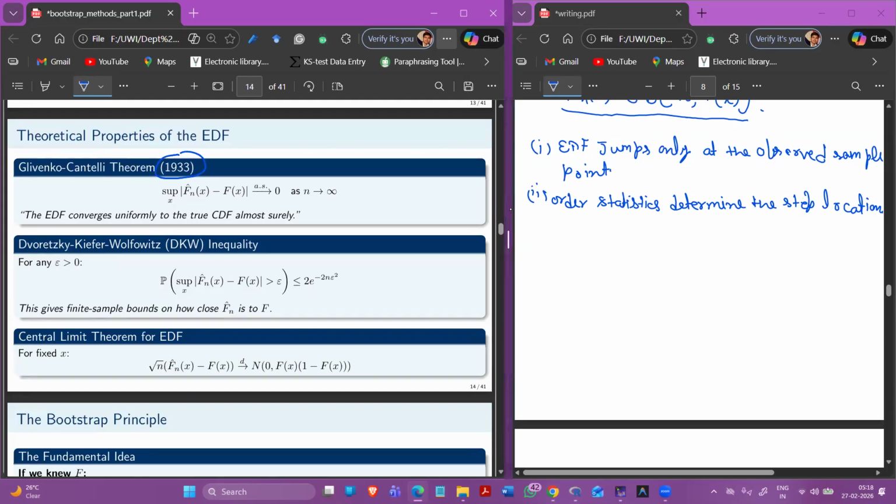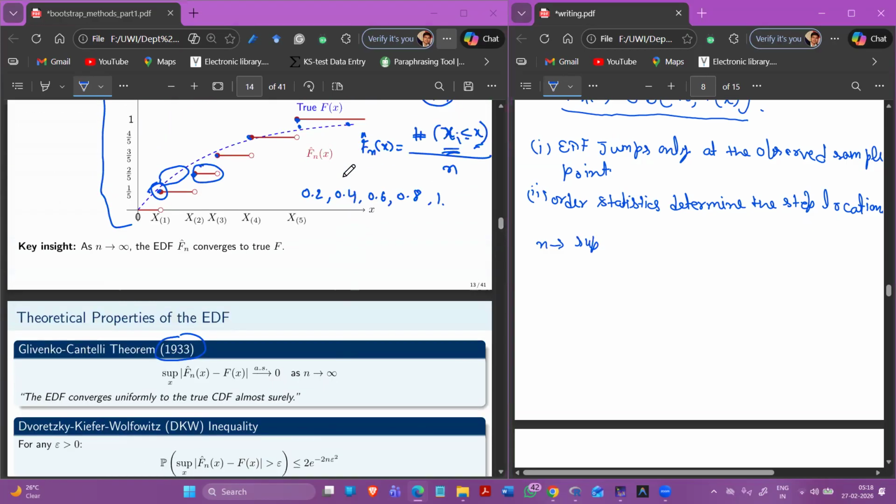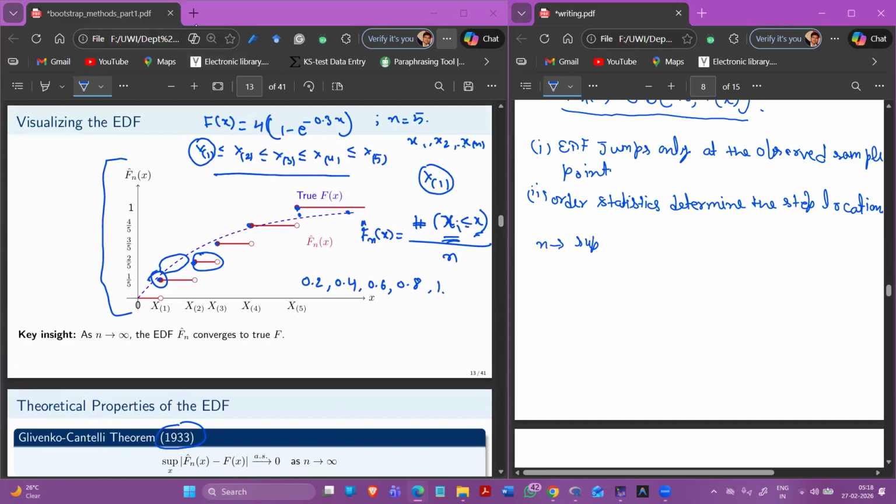It means that if you take n tends to infinity, you take a large sample. You have one sample, but you take larger ones again and again. And for the supremum value of x, what is the supremum value of x here? Supremum value of x is here, this one, correct? At this point.